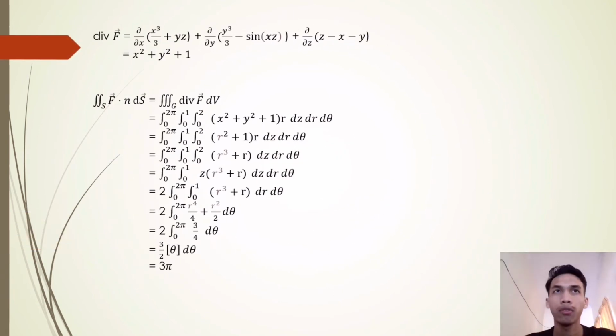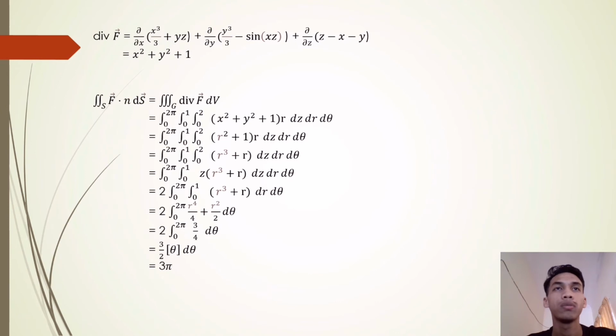Okay, next we have to find the divergence of F. Divergence F equals the derivative of x cubed over 3 plus yz with respect to x, plus the derivative of y cubed over 3 minus sin xz with respect to y, and the derivative of z minus x minus y with respect to z. Then we get the divergence of F equal to x squared plus y squared plus 1, and put it into the equation given.